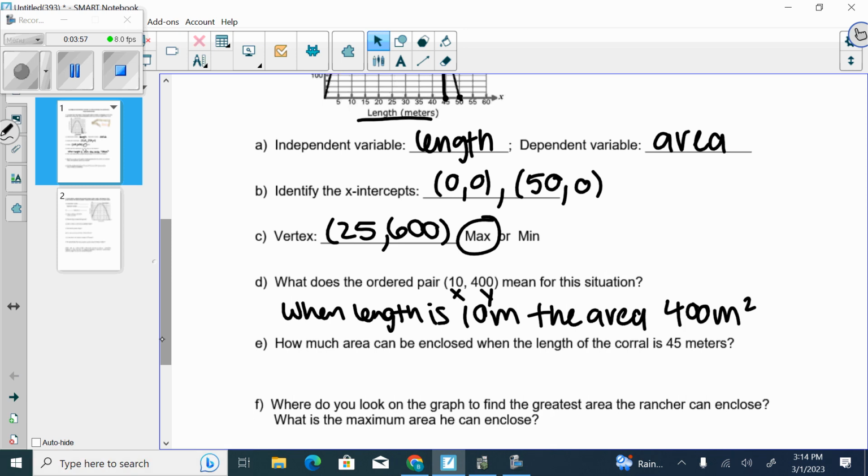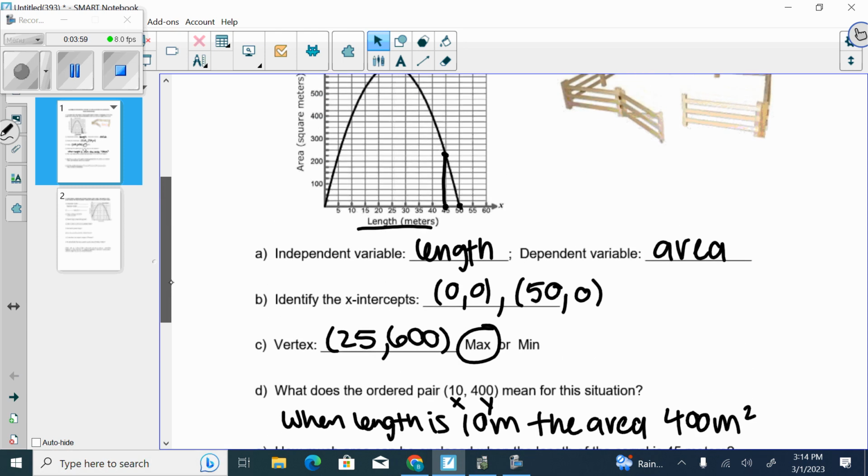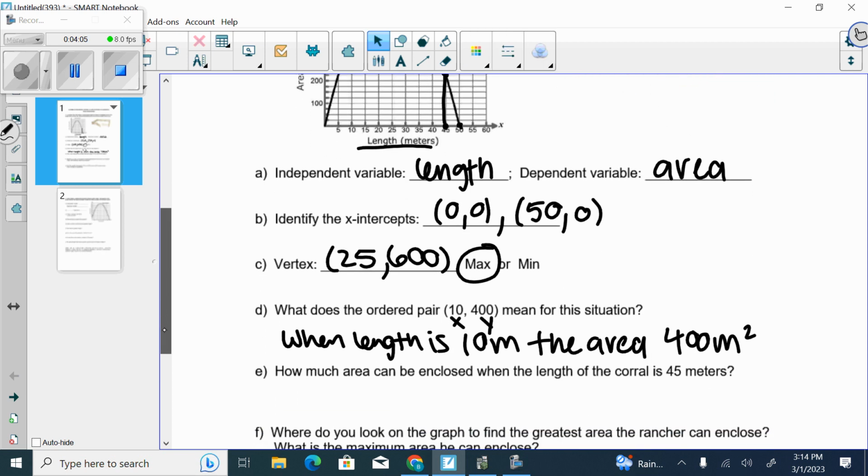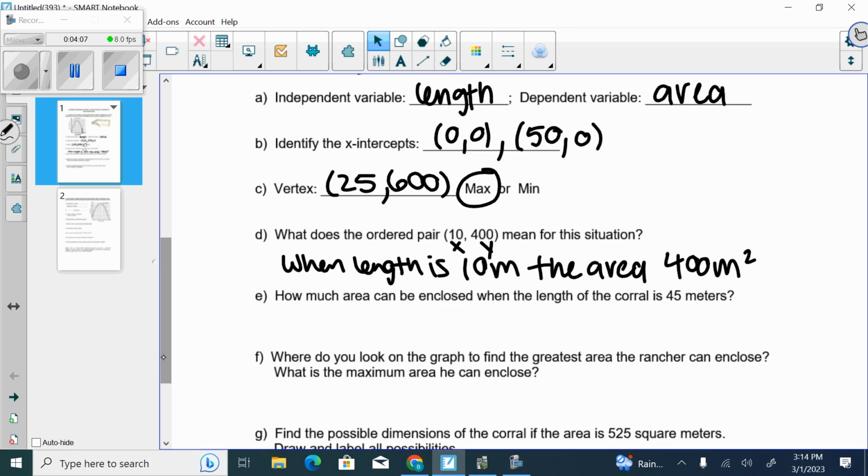Oh, is it 200? It's right above 200. It looks like one line above. So 225. Tiny line. It's hard to tell. So we've got the coordinate point 45, 225, which, like you guys said, really means that the area will be 225 meters squared.